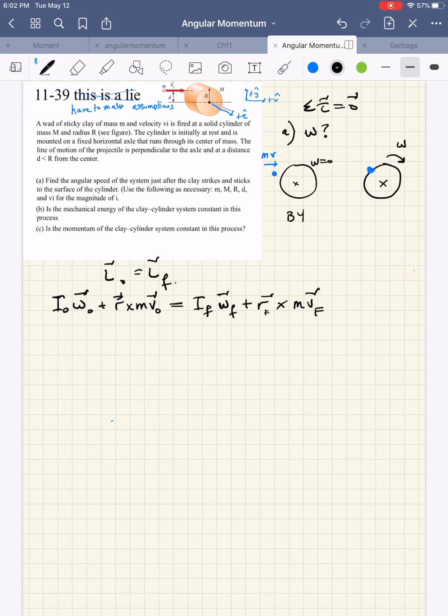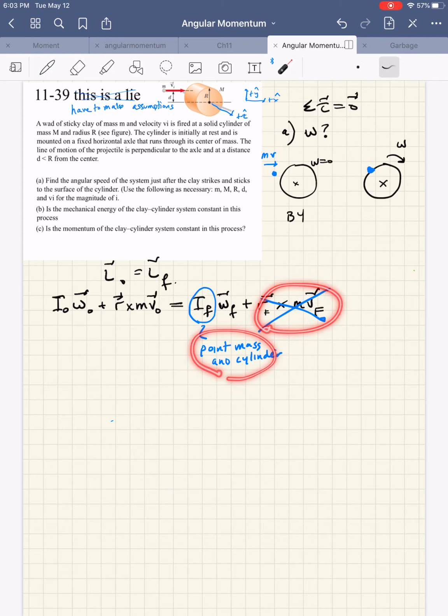I have two different kinds of objects here. Well, this is kind of a lie because after the collision, this is stuck together. So I include the point mass and the cylinder as my rotating rigid body now, right? So there is no angular momentum for a point mass after the collision, because they've stuck together, and it's only a rotating rigid body now.